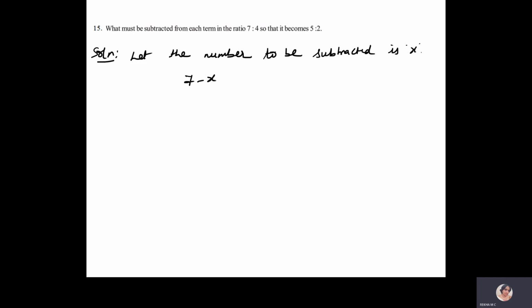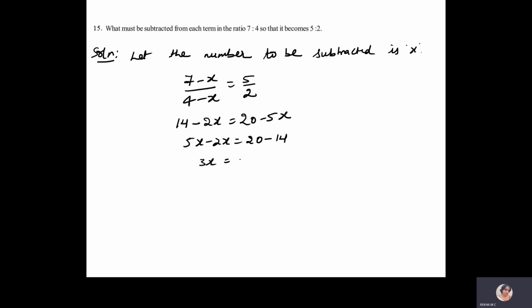So 7 minus x divided by 4 minus x is equal to 5 by 2. Cross multiply, 14 minus 2x is equal to 5 into 4, 20 minus 5x. So 5x you can bring it to LHS. So 5x minus 2x is equal to 20 minus 14. So 3x is equal to 6. x is equal to 6 divided by 3, that is equal to 2.